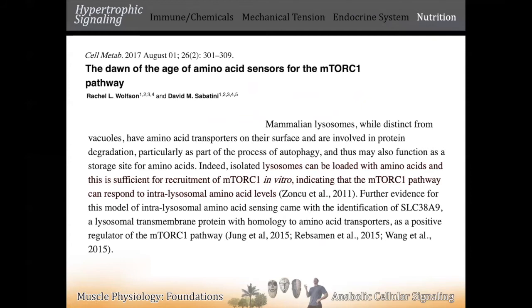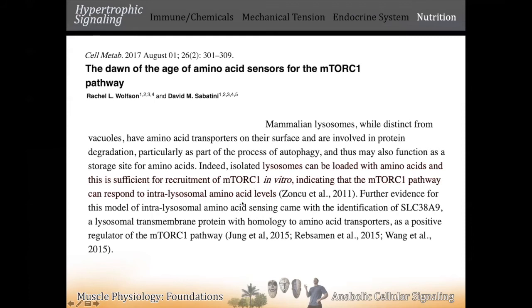And earlier I mentioned lysosomes, and you're going to see a lot of David Sabatini's work. I mean, he really is one of these primary foundational researchers in this field who's done a lot of the work that has advanced our understanding of mTOR. So lysosomes can be loaded with amino acids sufficient for the recruitment of mTOR, and intralysosomal amino acid levels matter.